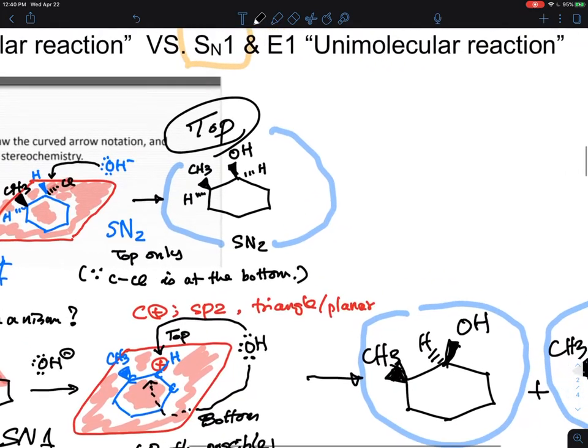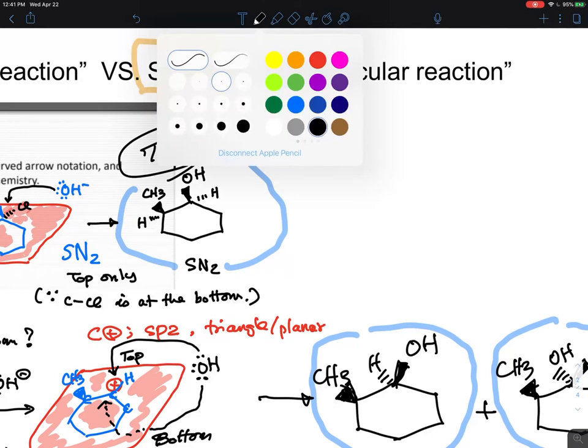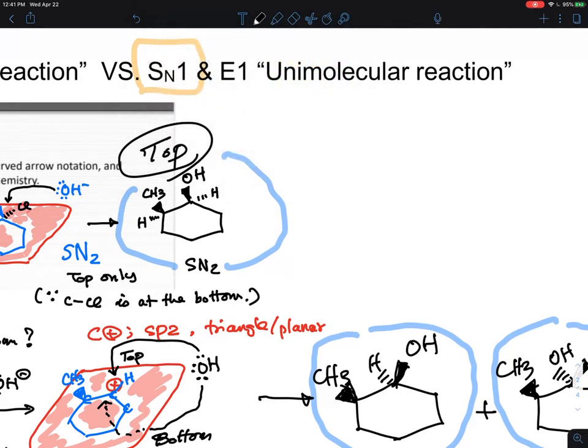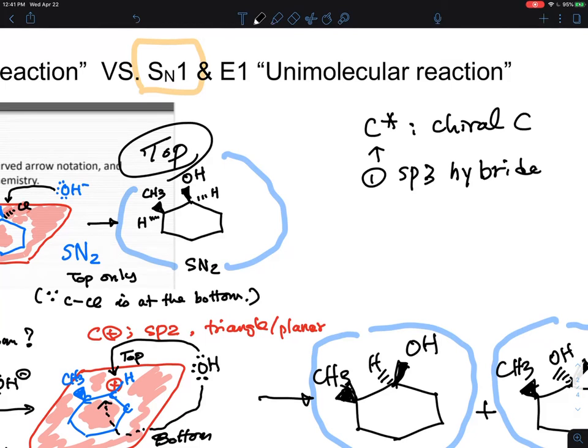Now let's have a look at it. Do you remember the C plus notation, the chiral carbon center, which is this one? First thing is sp3 hybrid orbital, and that means a tetrahedral attachment, and a carbon with a tetrahedral attachment has 4 different attachments, all different, right?